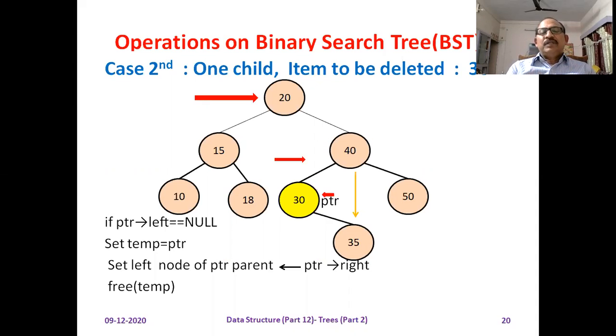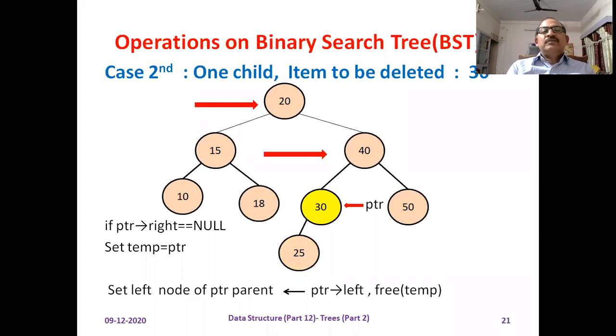Is it clear? Okay. Next, the node to be deleted has the value 30. Now in this case you can see the deleted node has the left child.